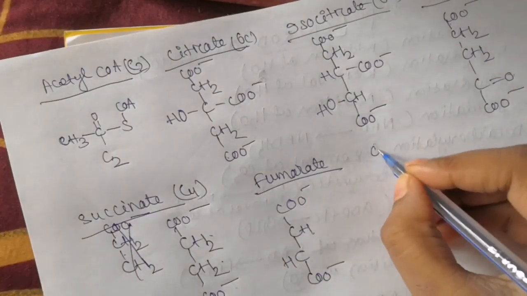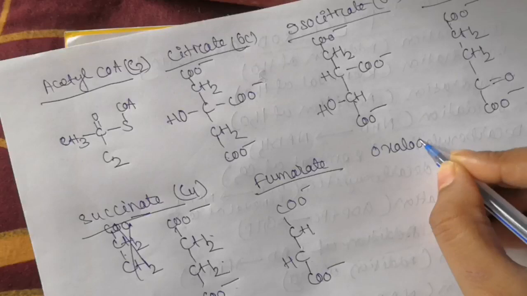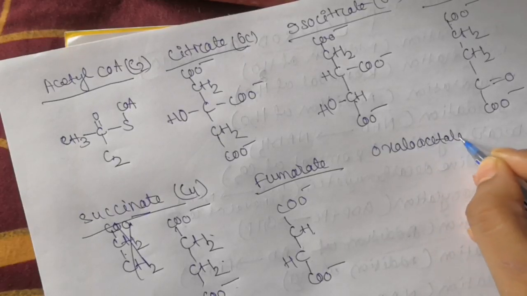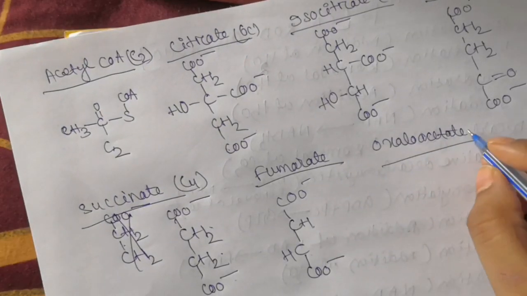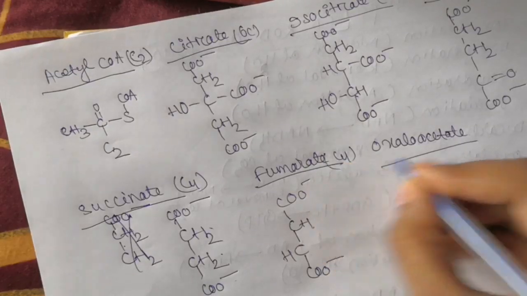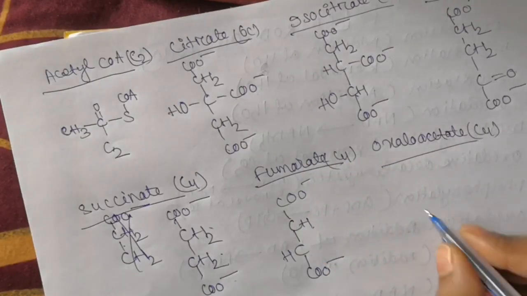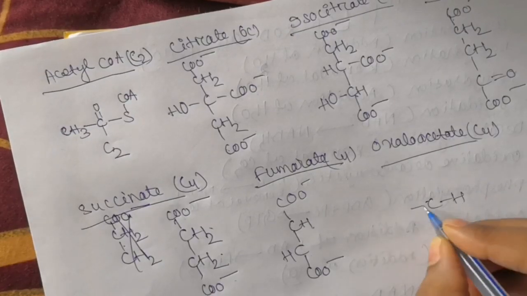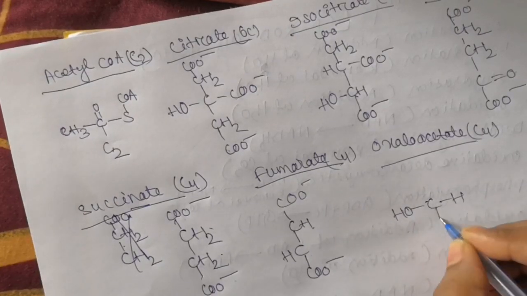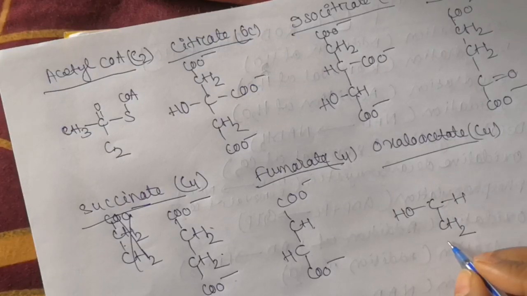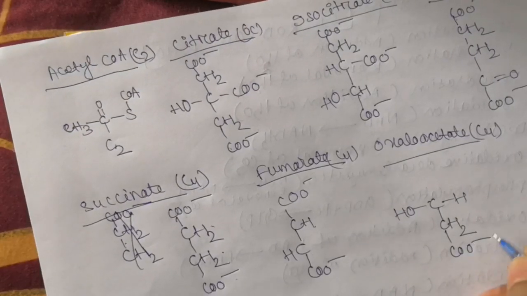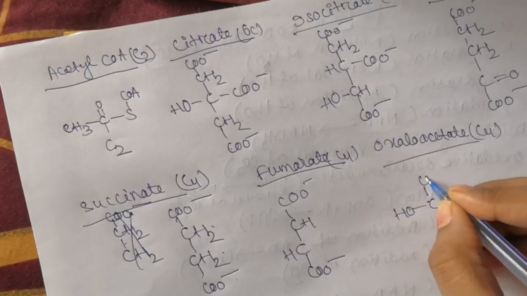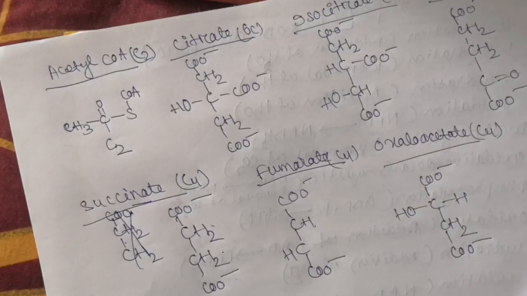Next is oxaloacetate. This is also 4 carbon. The structure is CHOH, CH2, COO minus, COO minus.